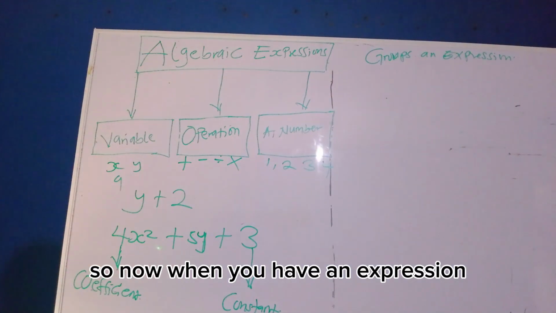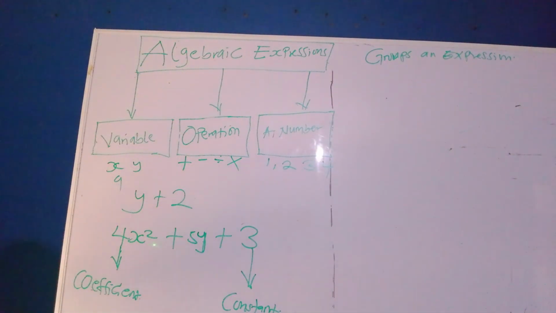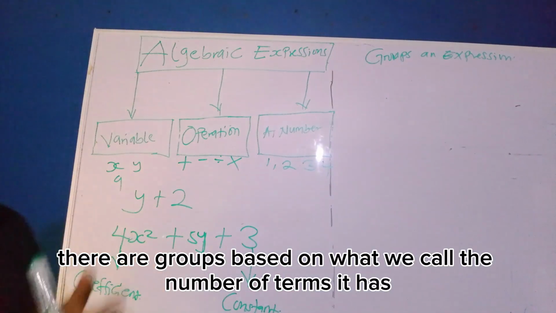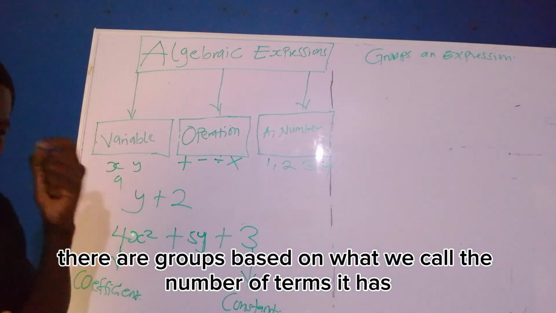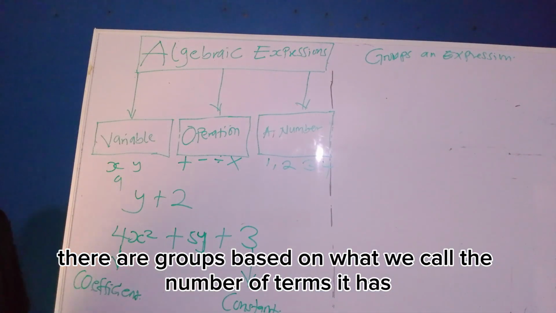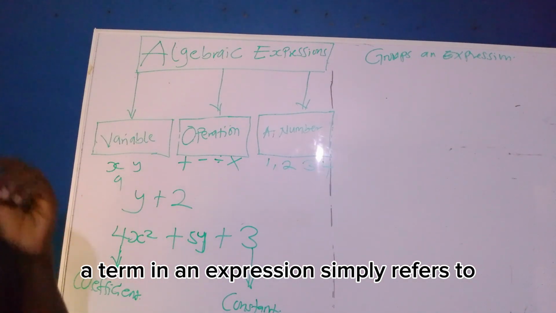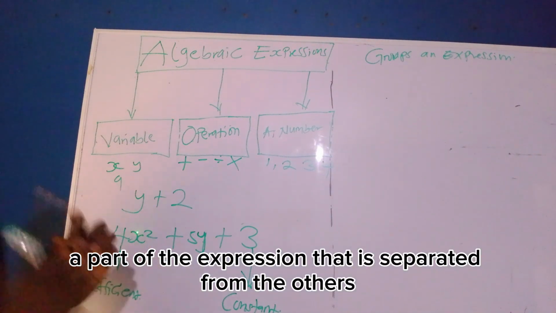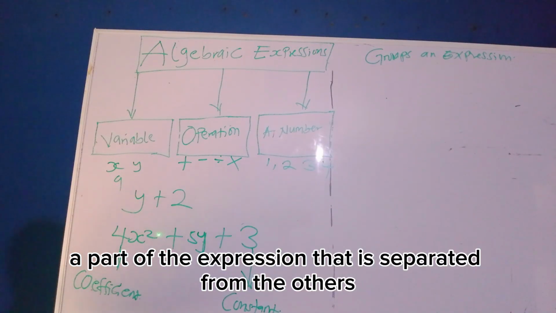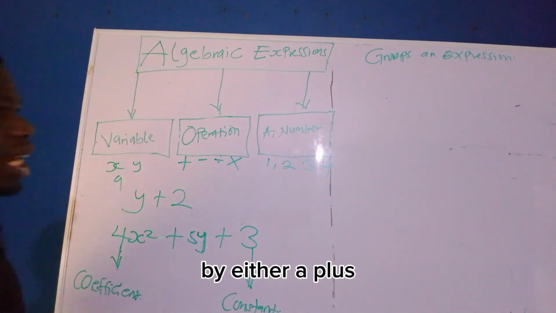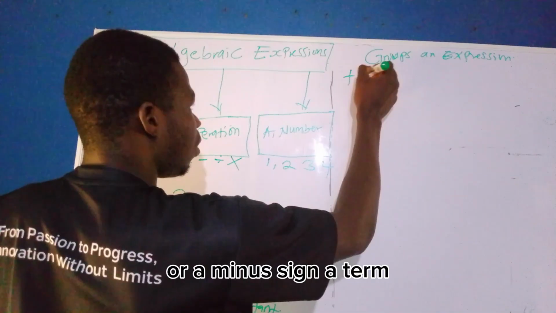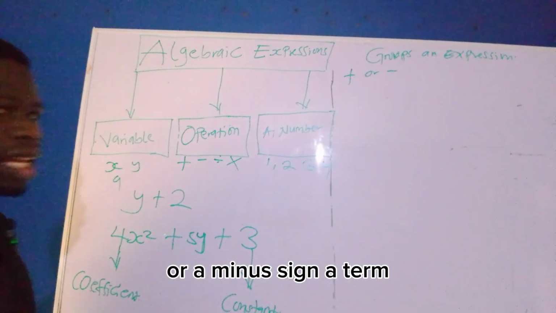So now when you have an expression, there are groups based on what we call the number of terms it has. A term in an expression simply refers to a part of the expression that is separated from the others by either a plus or a minus sign.